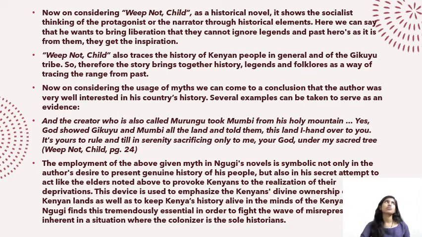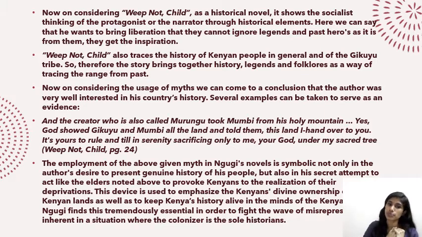Be Not Child also traces the history of Kenyan people in general and of the Gikuyu tribe, that is a tribe in Kenya or in Africa. So therefore the story brings together history, legends and folklores as a way of tracing the African past. So here the historical elements are something which traces their past.